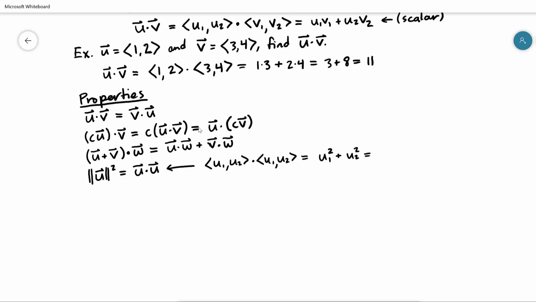And that's the same as the magnitude of a vector, which is u1 squared plus u2 squared, the whole thing square rooted, squared. So the square would undo the square root, and we would get this same result. So this is just saying if you want to find the magnitude of a vector squared, you can dot a vector with itself.